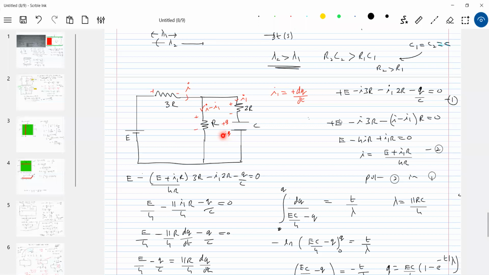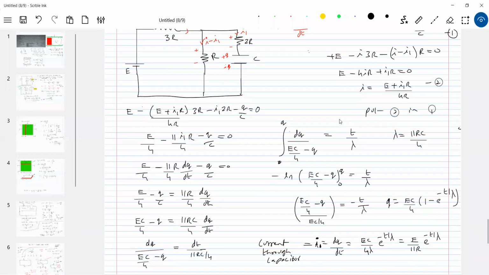If I ask you only the time constant of the circuit, or I ask you to directly write this equation without all this mathematics, is there any alternative method? This was the charge across the capacitor at any time t, and there's an expression for current through the capacitor at any time t. What is Q equal to?